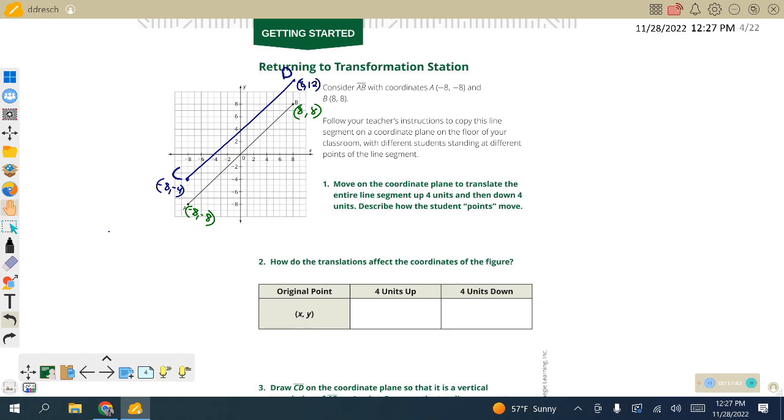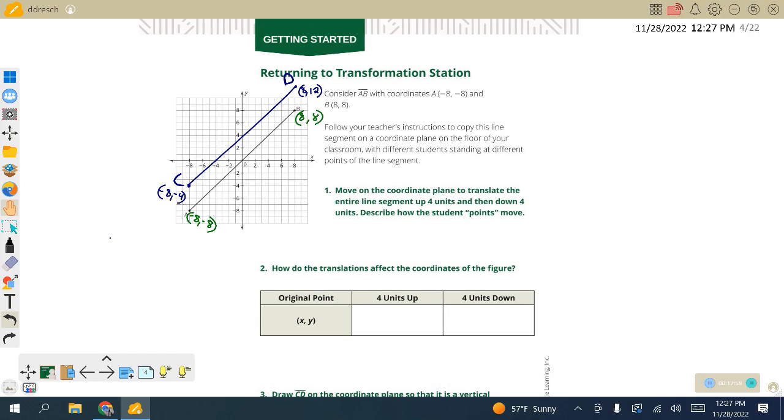Now, what we're going to try to do here is fill that table out with the rule that we just created. Now we went up 4. When you look at these points that we started off with and where we became, what we're trying to do is figure out a rule. How does XY change? Did the X change at all?